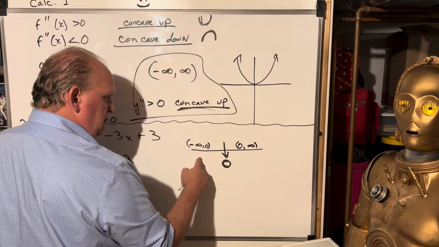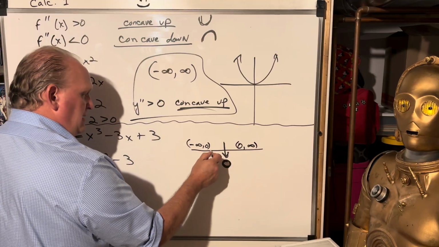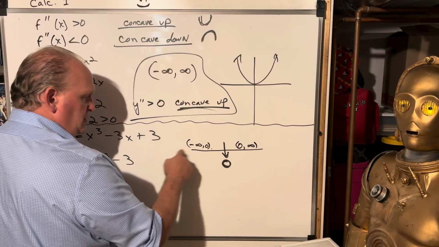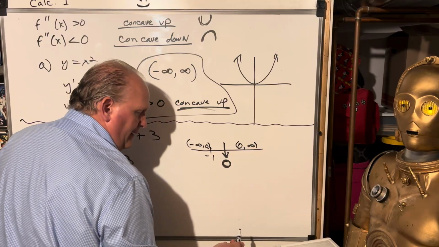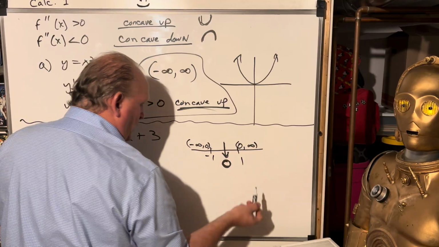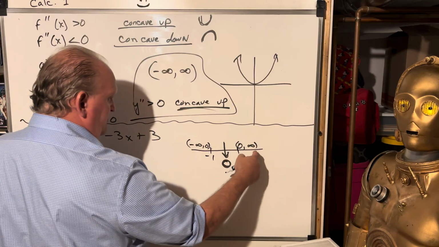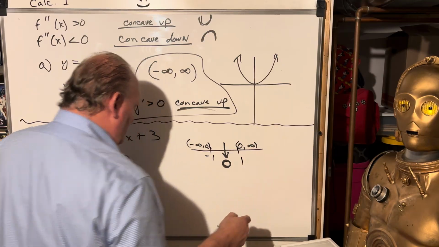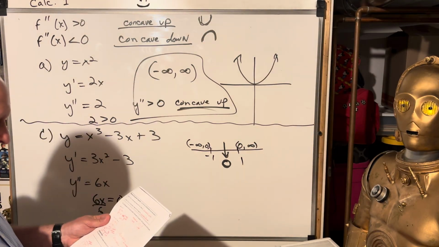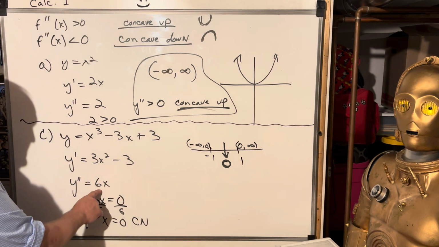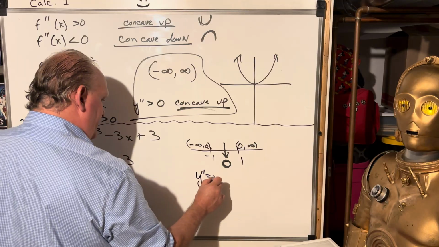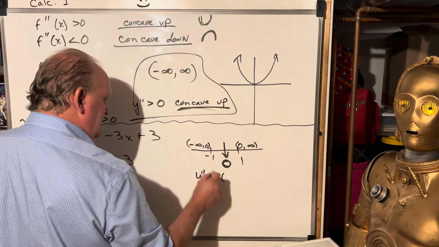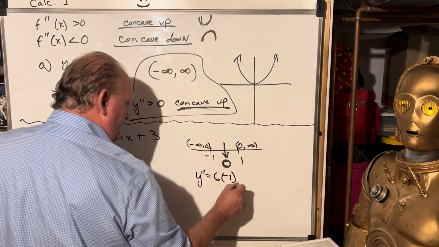So what we do is we pick any number that's negative infinity to 0. So you could do negative 100 or negative 50 or negative 1 and positive 1. You just pick numbers. You could pick 2 or 3 or 5 or whatever. And then you put them into the second derivative. The second derivative is 6x, so we do 6 times negative 1.